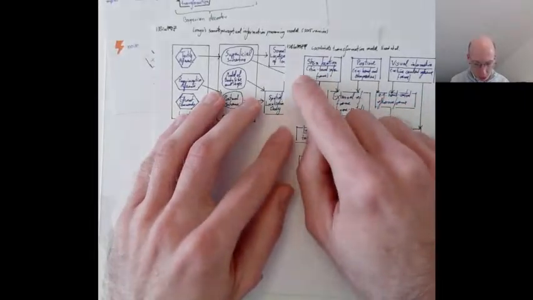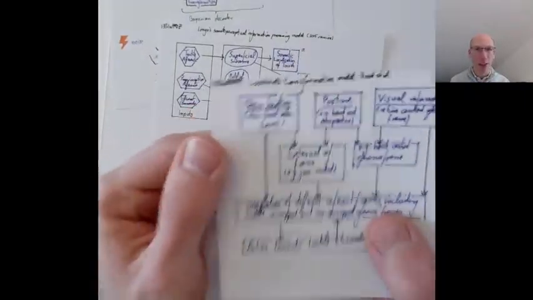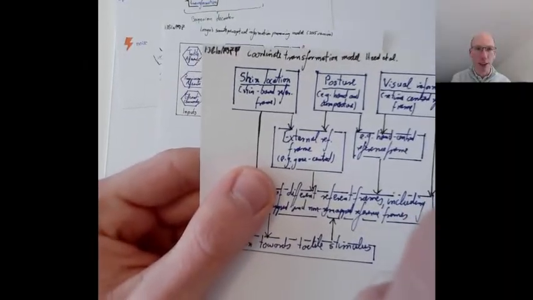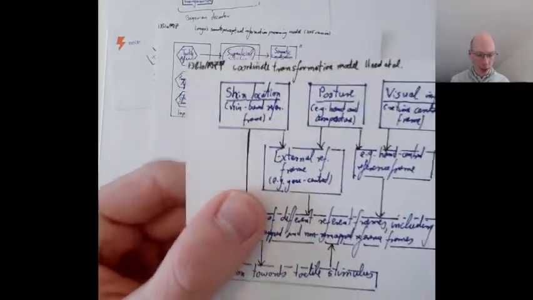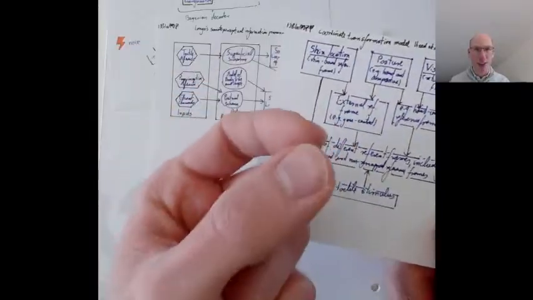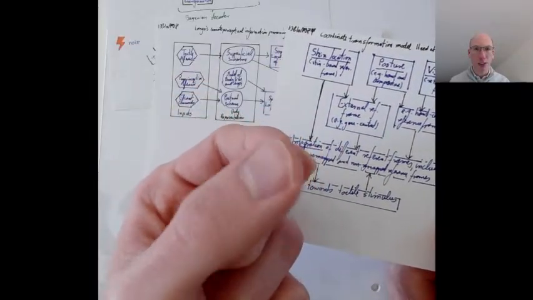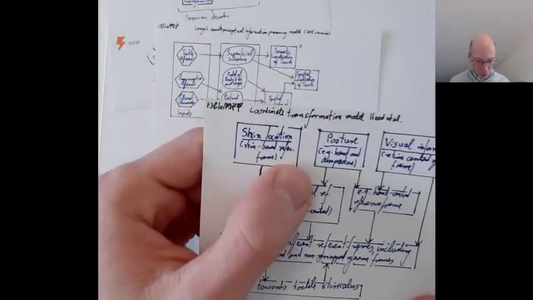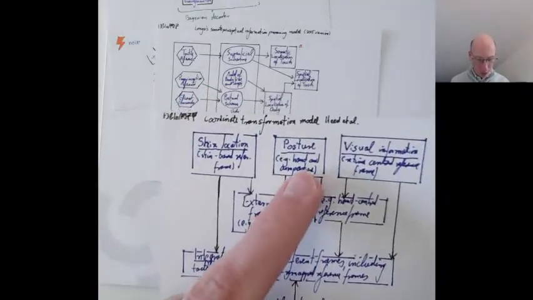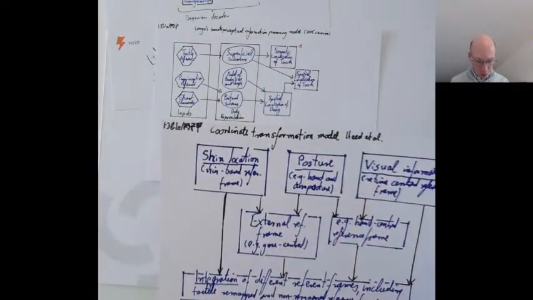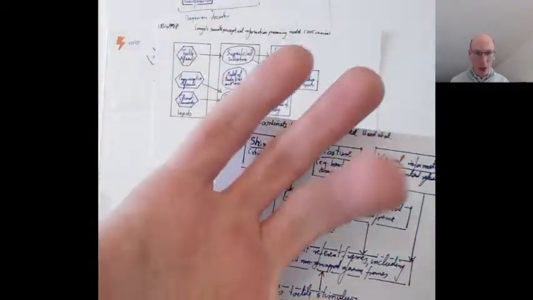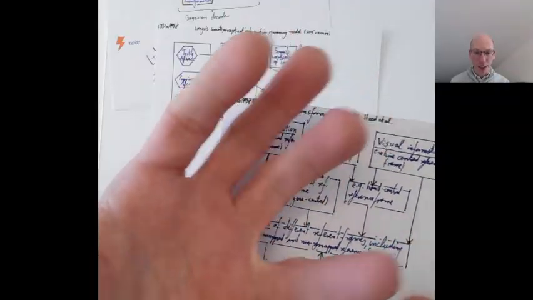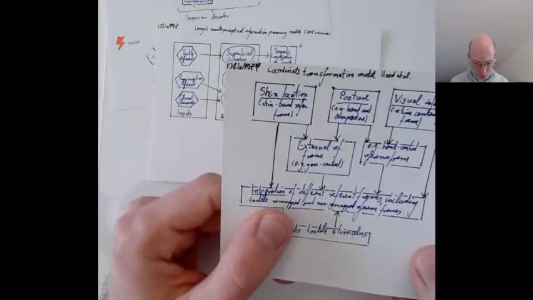Okay, here we have the skin location. Actually, I should maybe do it like that, then it's much nicer to see. The skin location, again, this is where I've been touched on the skin. And we also have the posture. That means where am I located in space.